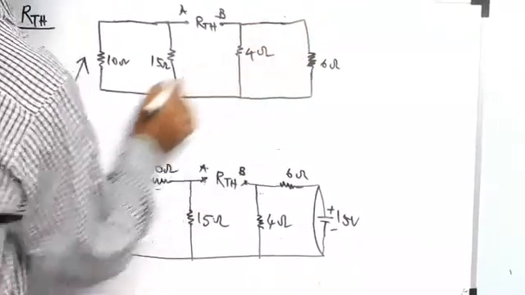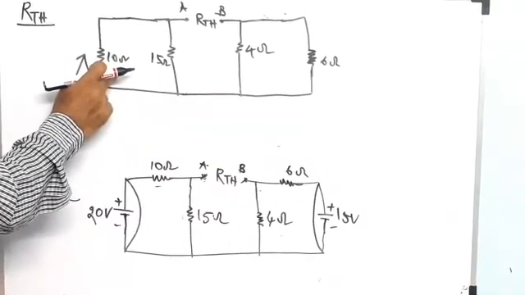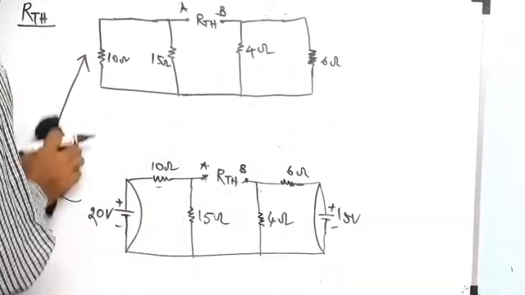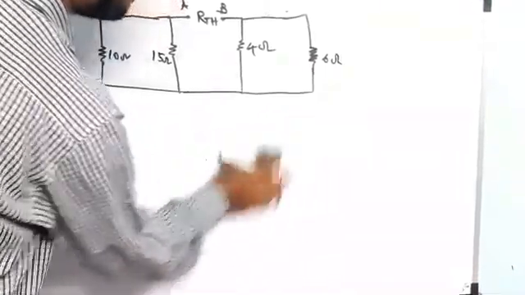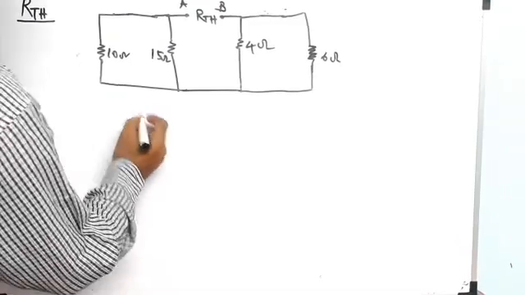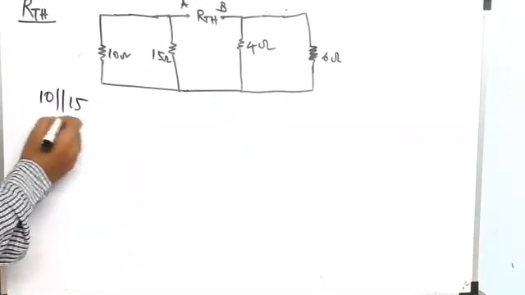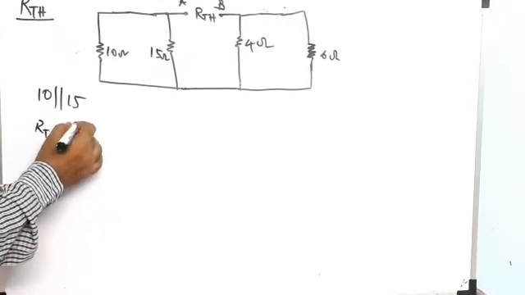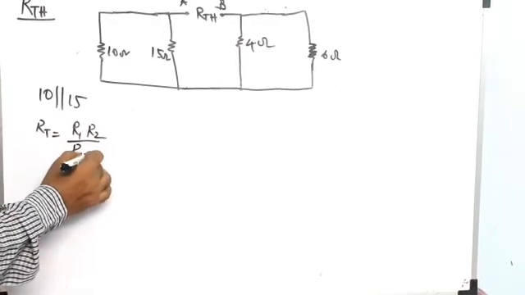Now, how it looks: these two resistances are connected in parallel, and these two are connected in parallel. Next, 10 parallel 15, which means RT is equal to R1 R2 by R1 plus R2.